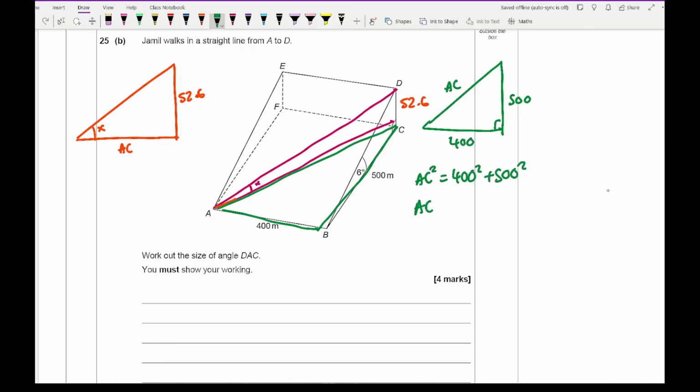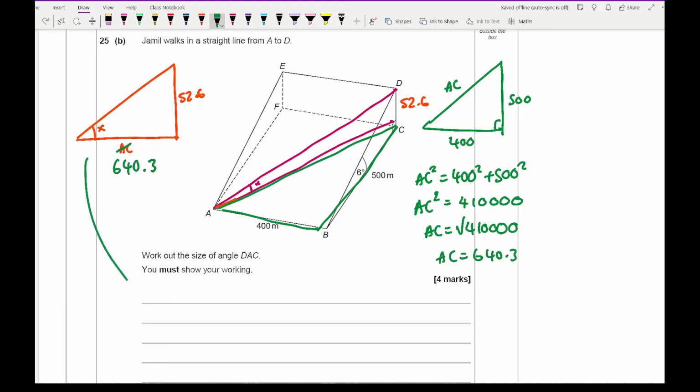So AC squared equals 410,000. So AC equals the square root of 410,000. So AC equals 640.3. So this length here is 640.3 to one decimal place.